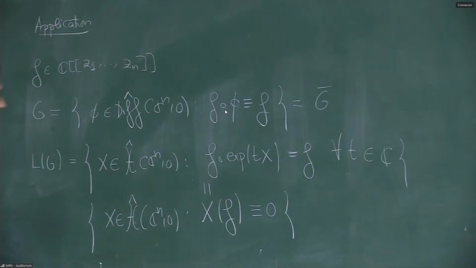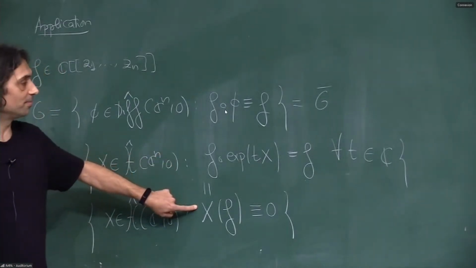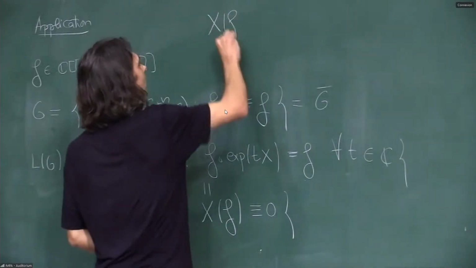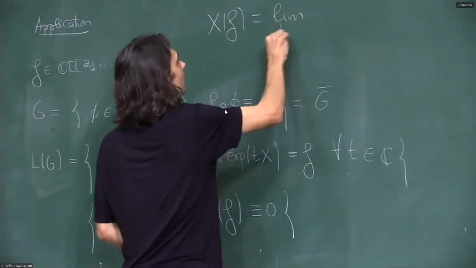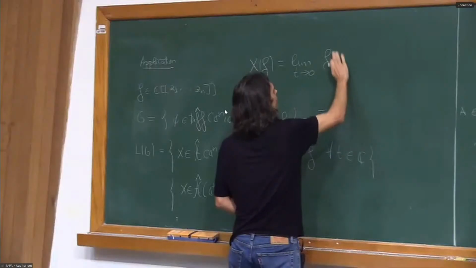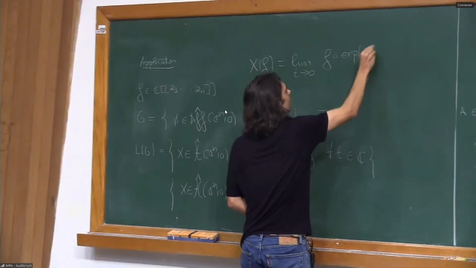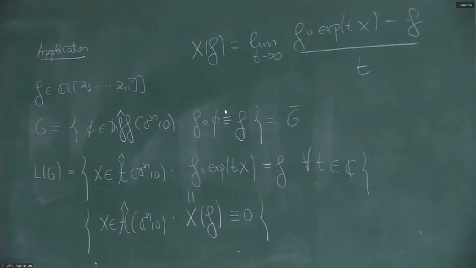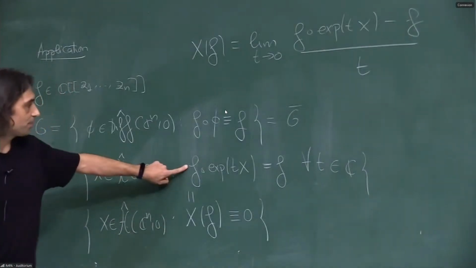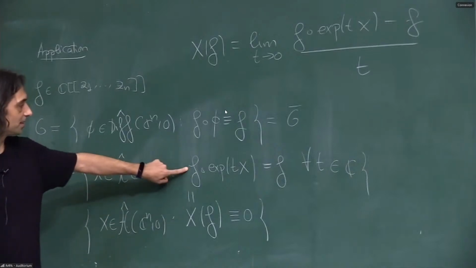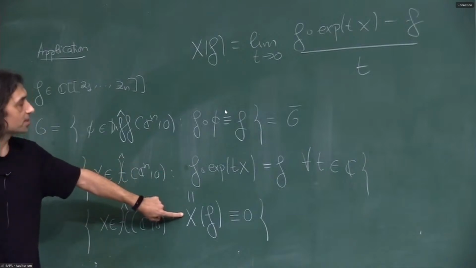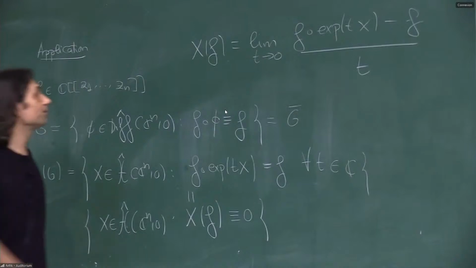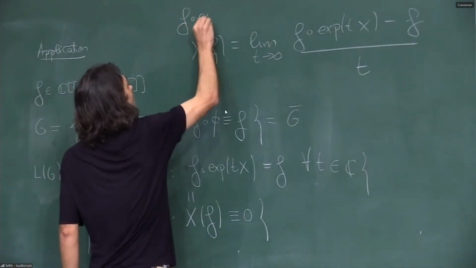If you want, going from there to there is derivative. Since the numerator is always 0, of course the limit is 0. So if this happens, this happens. If the one parameter group preserves F, then F is a first integral of X. And the other direction is the formula of the exponential.